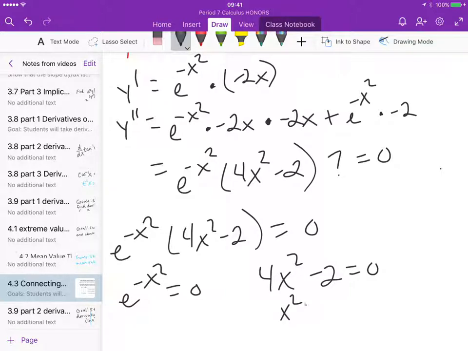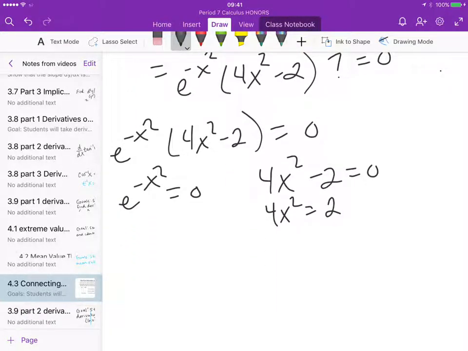So 4x squared equals 2. Dividing by 4 on both sides, we get x squared equals 1/2. Then x equals plus or minus the square root of 1/2. So we know that we are going to see a change of concavity when x is equal to positive square root of 1/2 and negative square root of 1/2, because that will make the entire function 0.